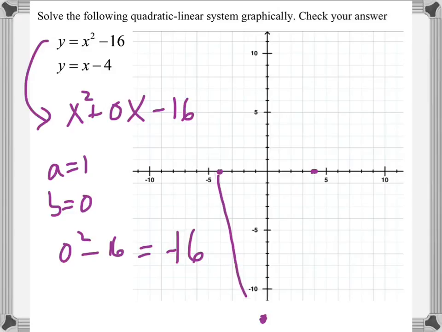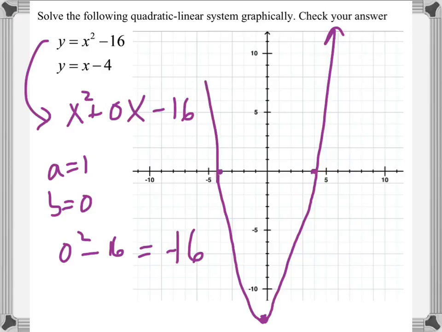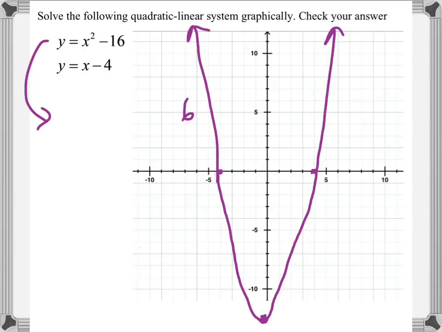So here is my quadratic equation, the graph of it right here. Okay, again, to be more precise in this region right here, I could put some more values in, but I think that I will be able to get the solution to the system without having to do that.